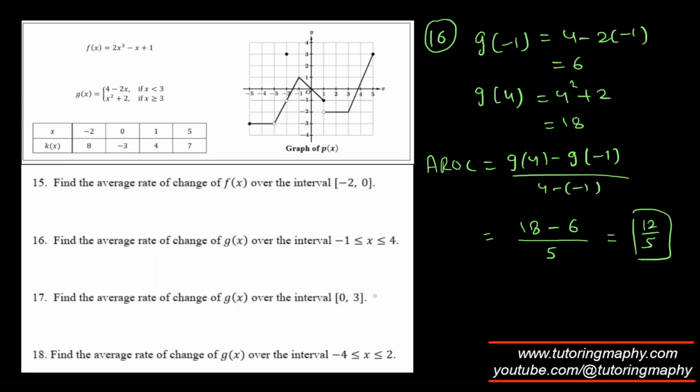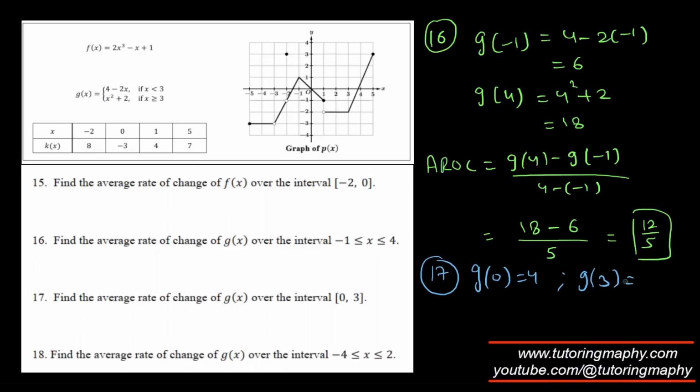Likewise, they're asking again G over the interval of 0 to 3 and G over the interval of this. So it's pretty much the same thing, they are just changing the numbers, right? So for example, G of 0, once again, means x is less than 3. So if we just plug in 0 here, I'm just going to get 4. So G of 0 is 4.